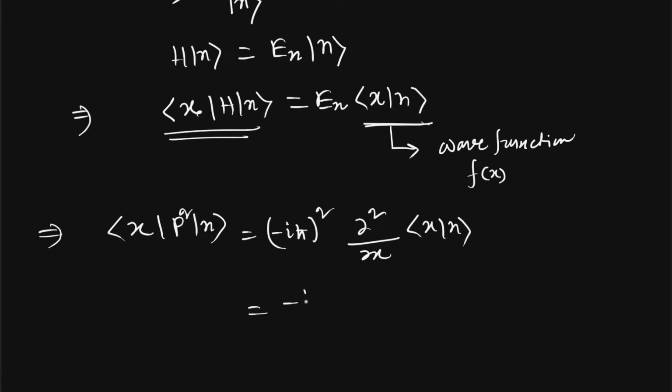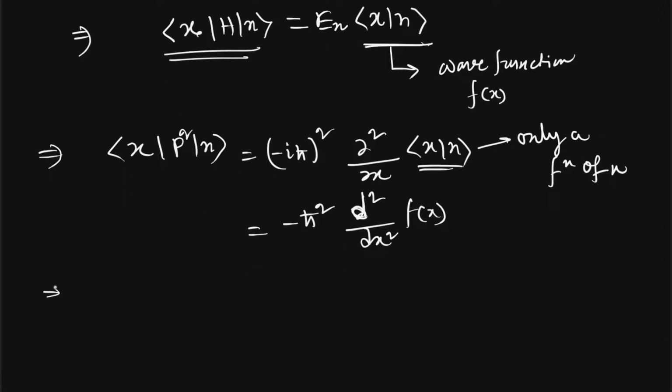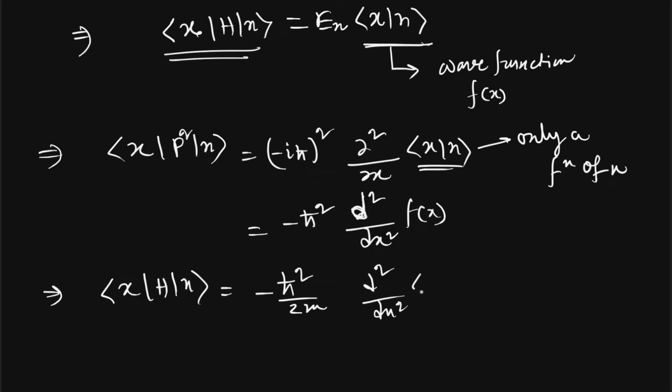That means minus ħ² ∂²/∂x² f(x). Since this partial derivative is replaced by this derivative, because this is only a function of x, the position representation of H will be minus ħ² by 2m d²/dx² ⟨x|n⟩, that means minus ħ² by 2m d²/dx² f(x).